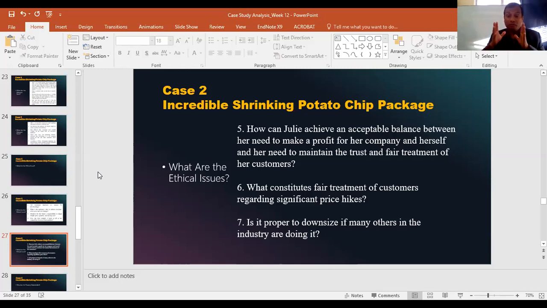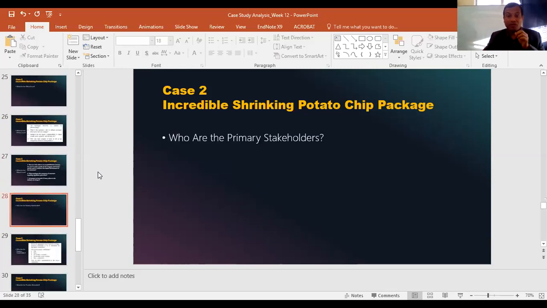So these are very critical issues in this case. Issues revolving around this case. And then as a marketeer, think about your job. Okay, just like the previous one, who are the primary stakeholders?